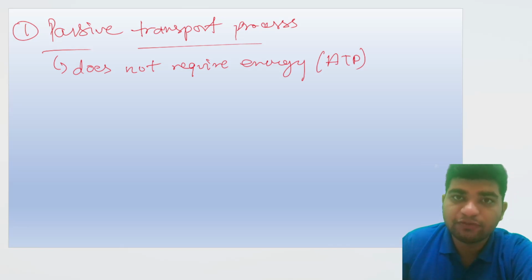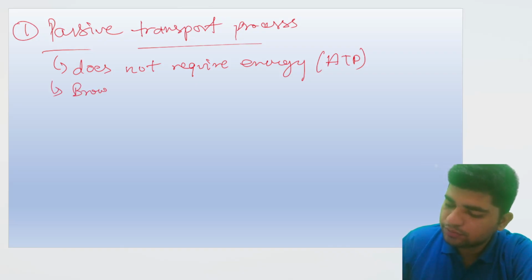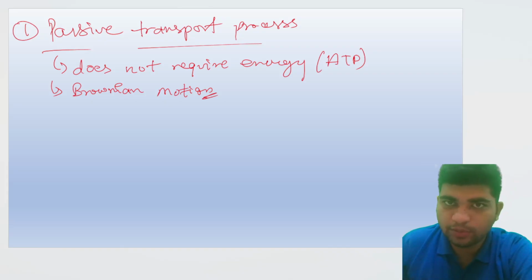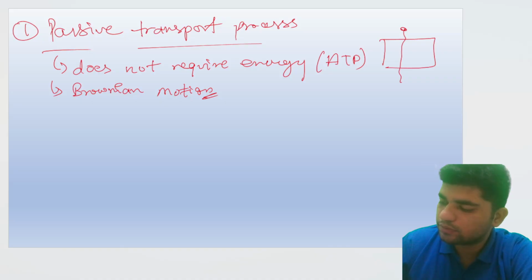Passive itself signifies that it does not require any ATP. But it shows Brownian motion, a zigzag Brownian motion.